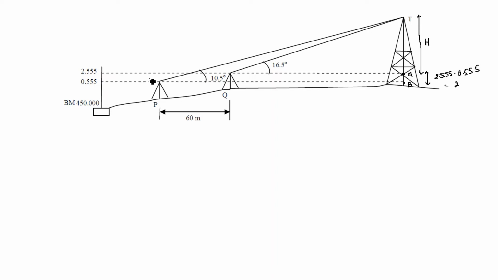Now, suppose this is point P dash and this is Q dash.